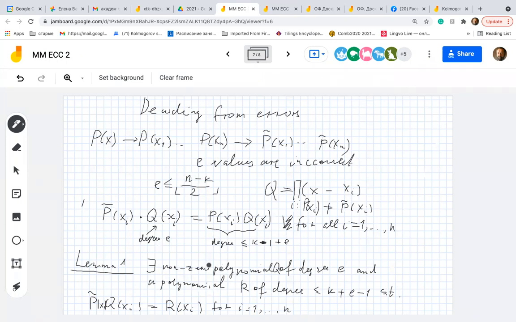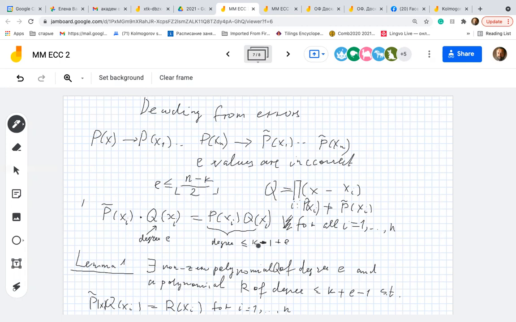Of course, there might be polynomials q and r satisfying this lemma which are different from those we had. So q must not be an annihilator of errors, and r can be different from p times q.